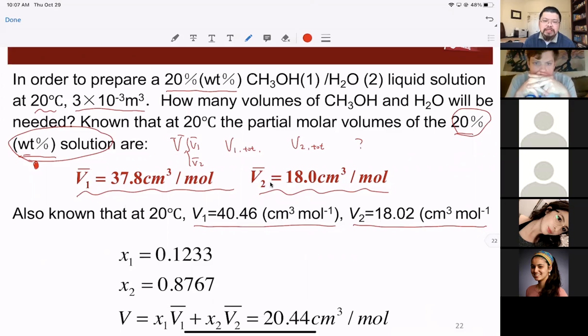So in order to calculate that, first of all, we need to figure out if I'm having this V total, then this V total should be expressed as N1 V1 partial plus N2 V2 partial, right? So I have to use the partial molar volume in order to have this mixture.